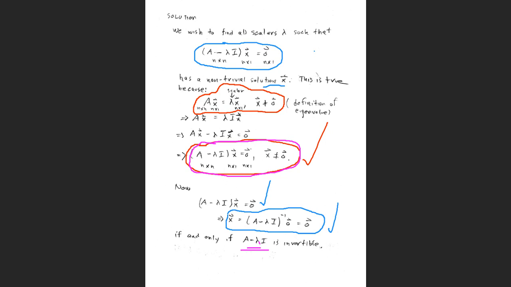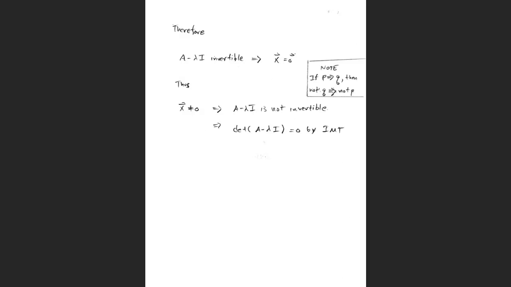All right, what do we know? Well, we know that if A minus lambda times the identity is an invertible matrix, then X is the zero vector. Okay, but let me phrase it the way I want to phrase it.